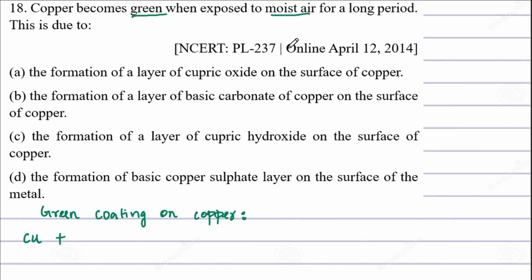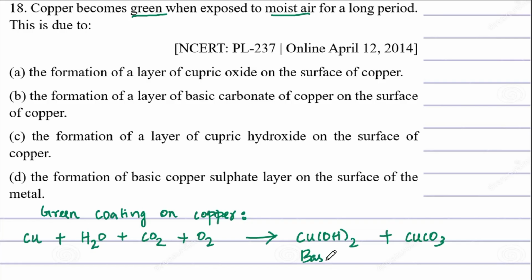Copper, when it reacts with moist air, which consists of water molecules, carbon dioxide and oxygen, all these react to form copper hydroxide and copper carbonate. This copper hydroxide is a base, so together it is called basic carbonate. So a base and a carbonate is formed. A basic carbonate gives the green color.